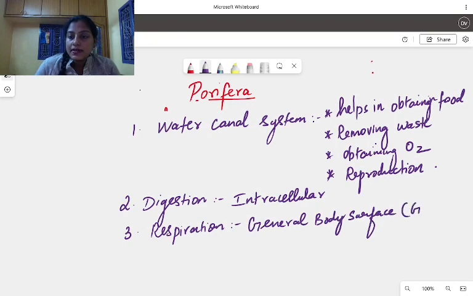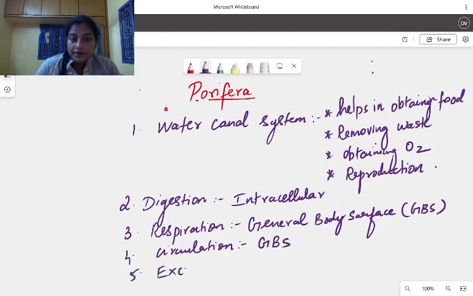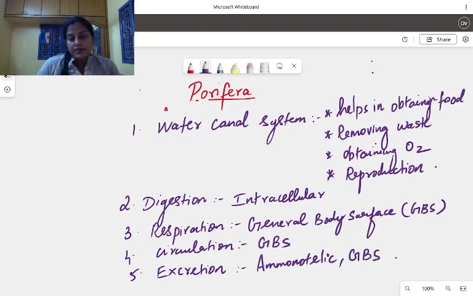Then circulation is also through general body surface. And then excretion. They are ammonotelic. What is the meaning of ammonotelic? They excrete out ammonia as a waste product, and that is also happening through GBS, general body surface. So we have 5 beautiful typical characteristics.